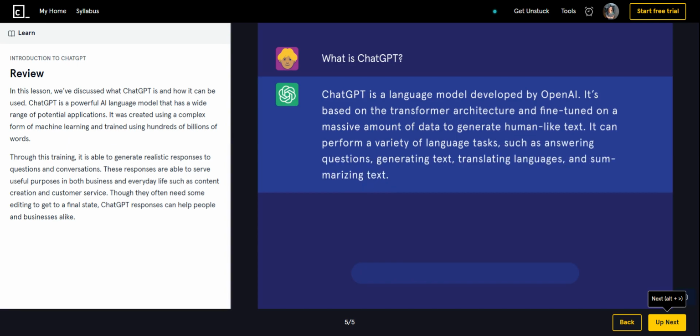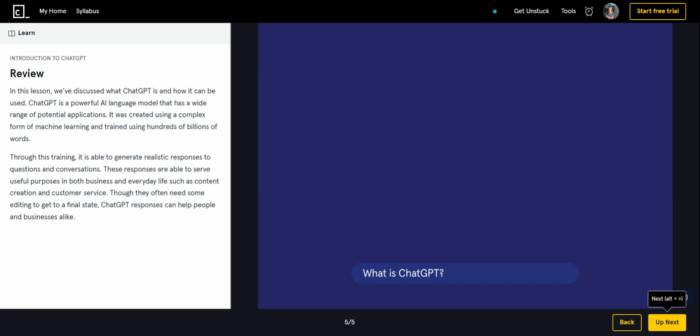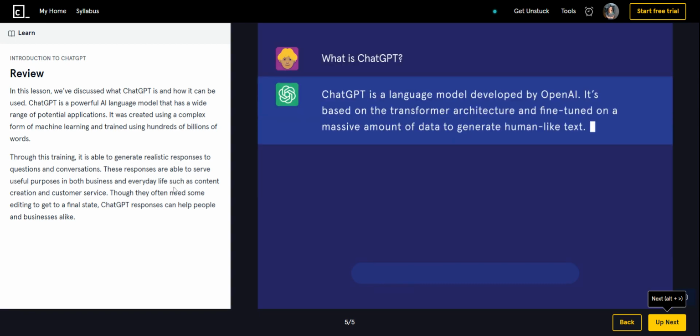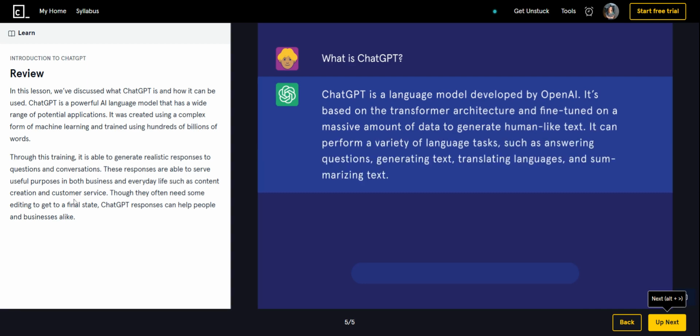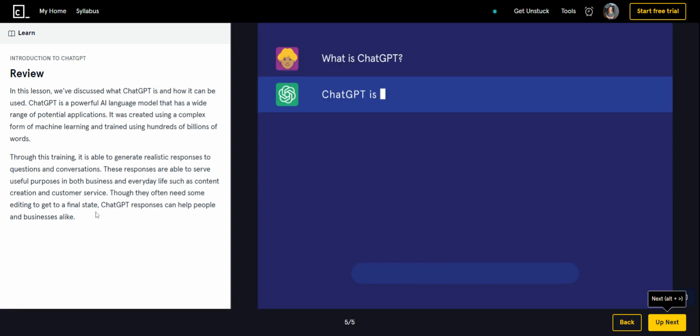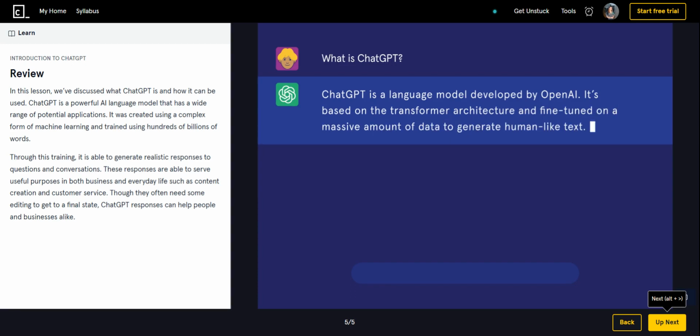Through this training, it is able to generate realistic responses to questions and conversations. These responses are able to serve useful purposes in both businesses and everyday life, as content creation and customer service. True, they often need some editing to get to a final state. ChatGPT responses can help people and businesses alike.